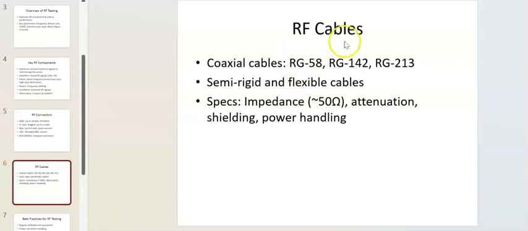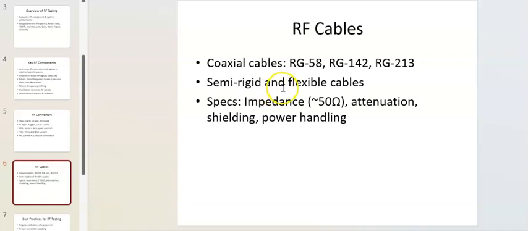Coming to the cables, RF cables are of three types. They are coaxial cables, semi-rigid, and flexible cables. Coaxial cable specifications are RG58, RG142, RG213.